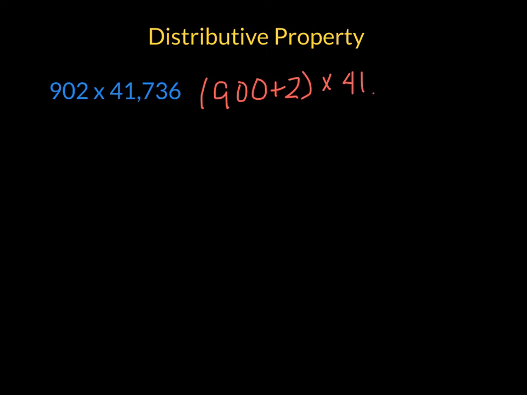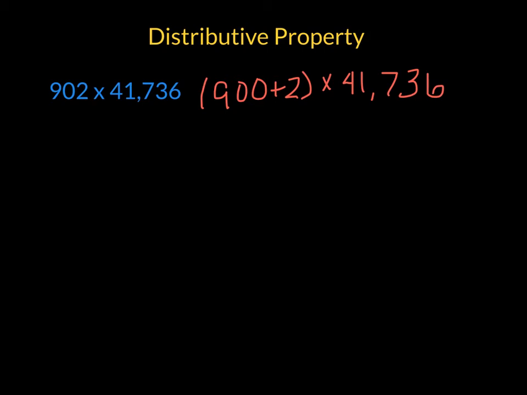Another way to multiply larger numbers is to use the distributive property. In the example 902 times 41,736, we would first need to write 902 in expanded form. So we would write it as 900 plus 2 times 41,736.